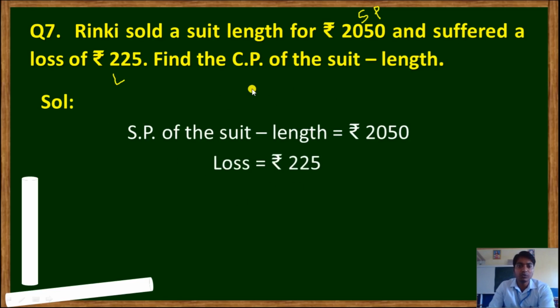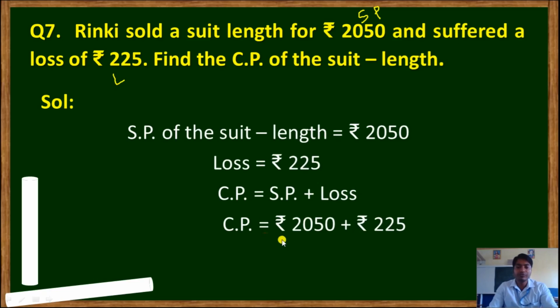According to loss we have to use the formula for CP, and CP equals selling price plus loss. I use the values. When we add, we'll get here 2275. This is the answer of this question.